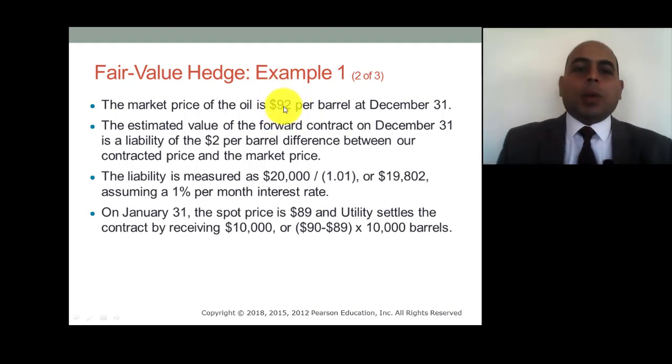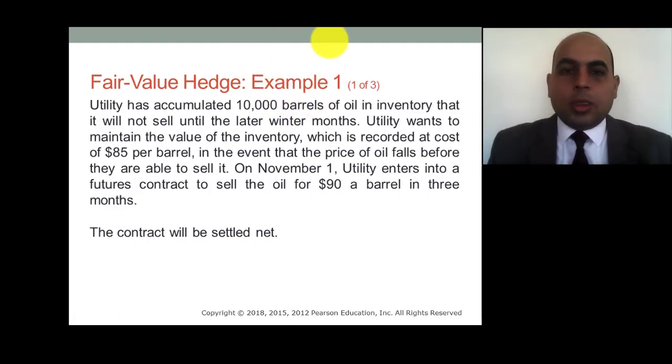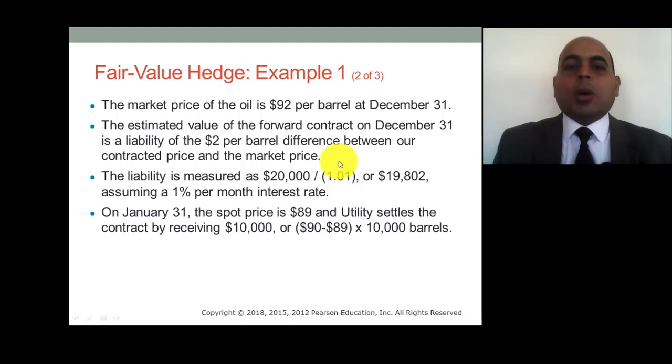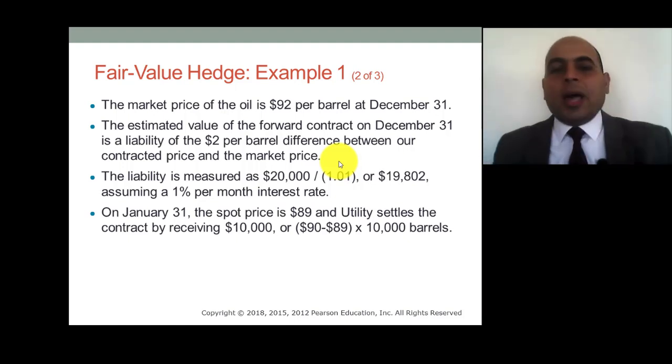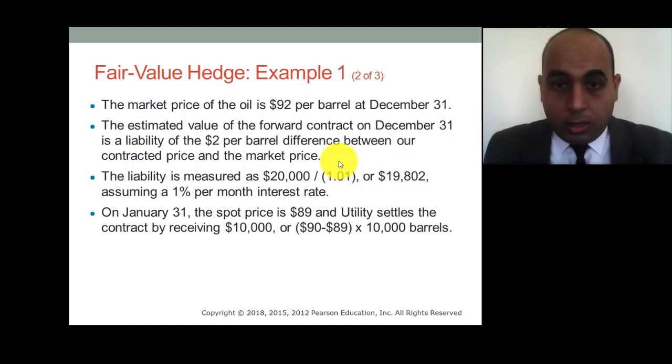So we are talking about $2 per barrel. We have sold 10,000 barrels, so we are talking about $20,000, $2 multiplied by 10,000.